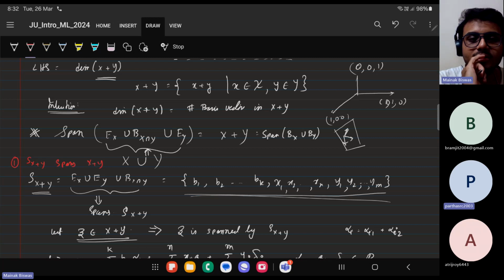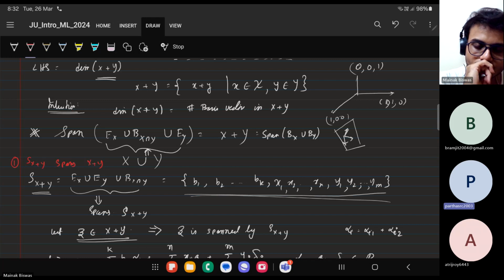Partho, what is the problem? Yeah, if we have to prove that it is a basis, then I have to show that all of those vectors are mutually independent in the span of x plus y. Exactly, that's what I was asking.